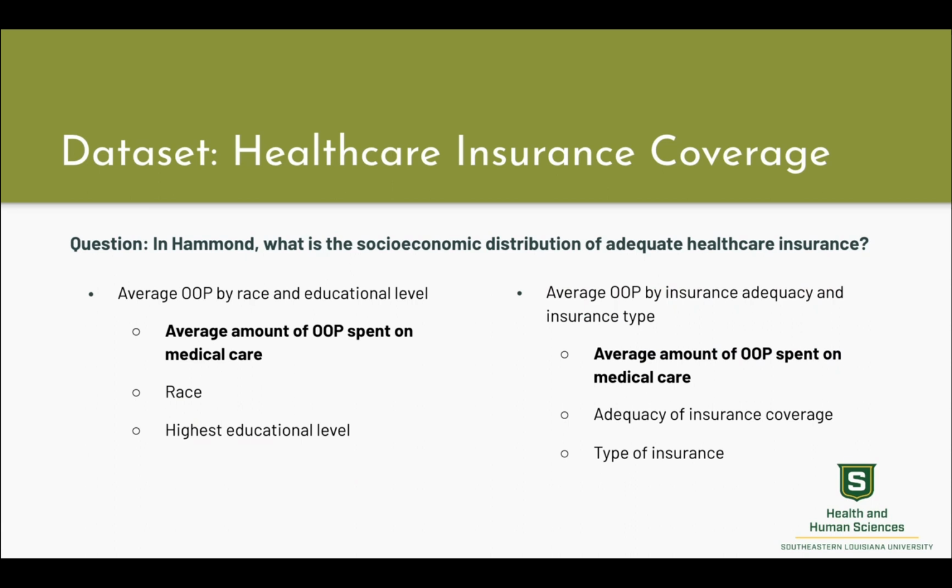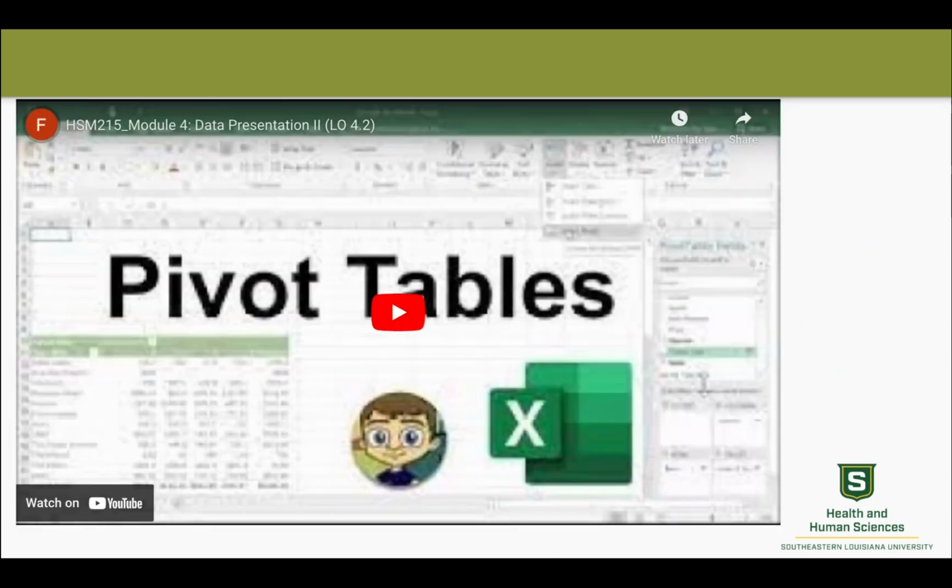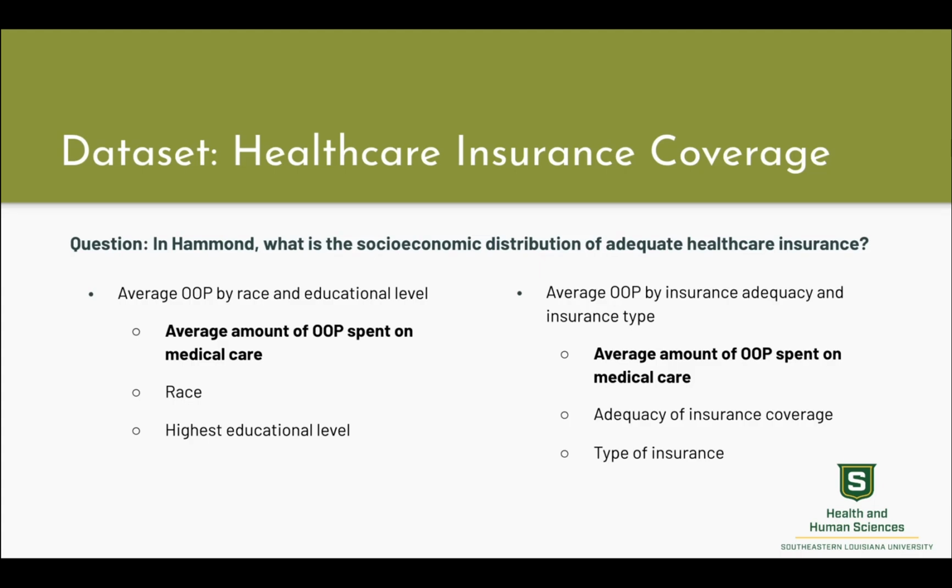But for this objective, we've taken the full research question, in Hammond, what is the socioeconomic distribution of adequate healthcare insurance, and created sub questions of this main question in order to dig through the data set a little bit more. This lecture looks at how to create the pivot tables for these two sub questions.